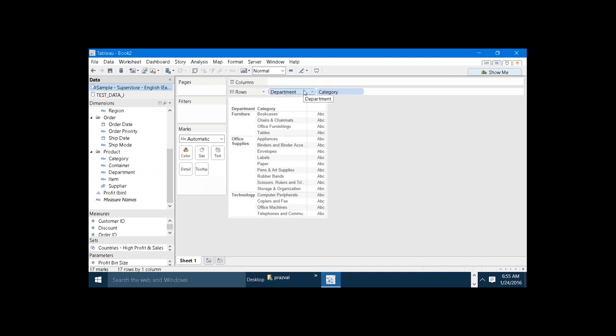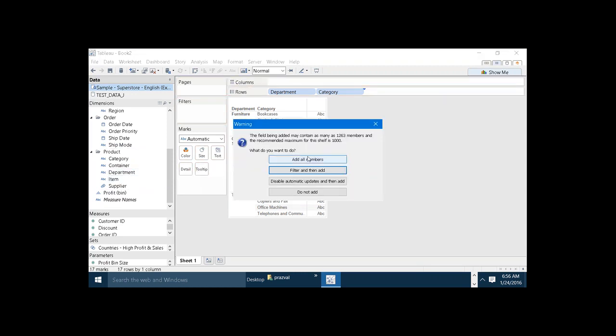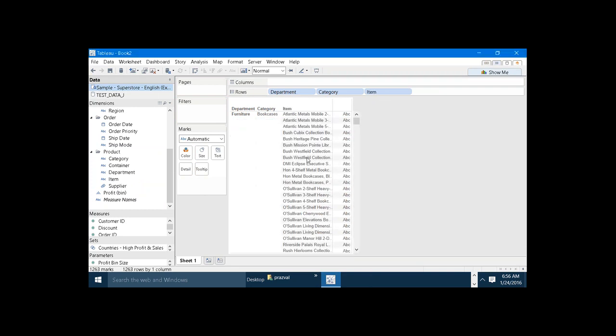And next, item. Item is the shrunken dimension of category and the department. So department comes under unchanged, category is the shrunken dimension of department, and item is the shrunken dimension of both the category and the department.